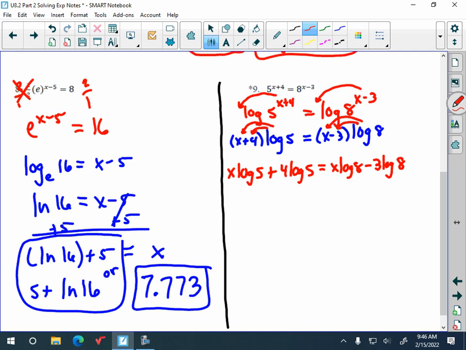So what I'll do is, just so I can get rid of this negative, but it doesn't matter, I'm going to subtract x log 5, bring it on this side, and add 3 log 8. Now I'm not combining any of these things, I'm just moving them over.